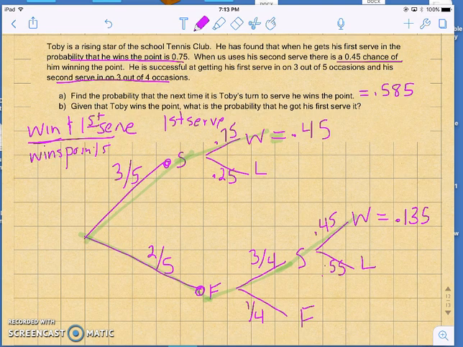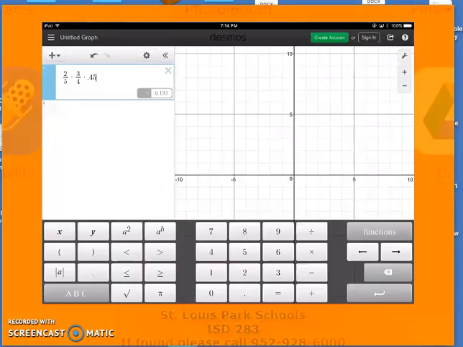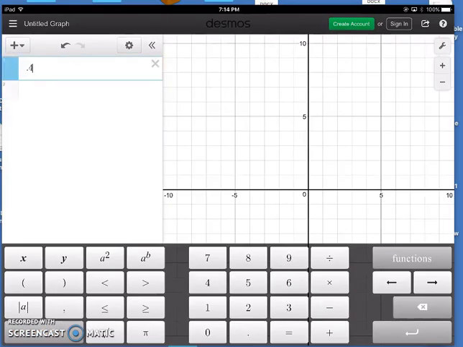So if we take a look at that win and first serve, that was 0.45. Divided by, he wins the point, well, we found that up there, 0.585. So if we take that, 0.45, divided by 0.585, we have 0.769.